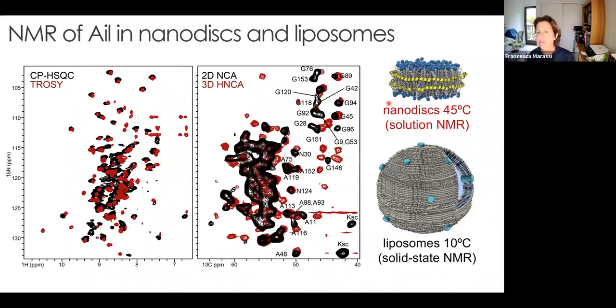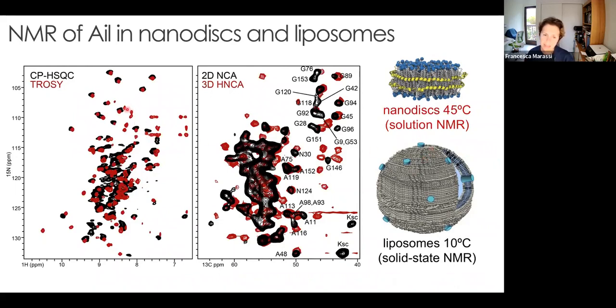And what I'm showing you here are comparisons between solution NMR spectra, shown in red, and solid-state NMR spectra, shown in black, in which the protein was either incorporated in nanodiscs for solution NMR, so these are collected at 45 degrees C, or in detergent-free liposomes, actually both detergent-free systems, or in liposomes collected by solid-state NMR spectroscopy at 10 degrees C.